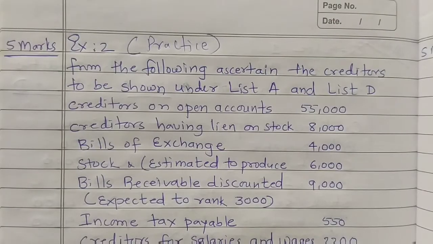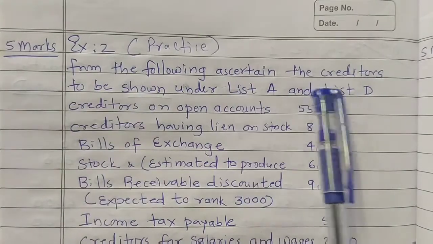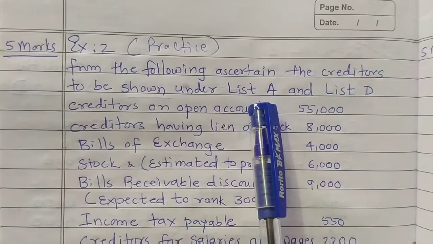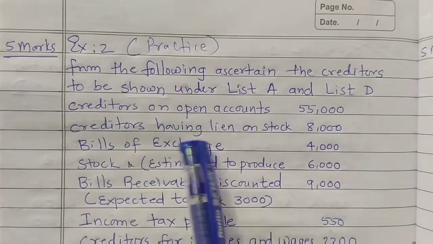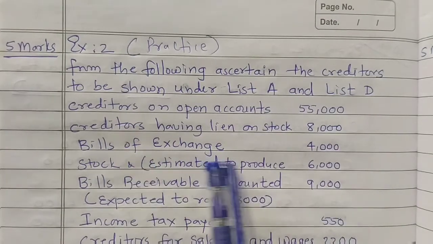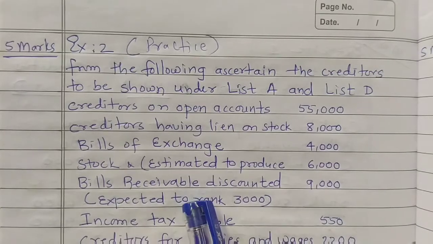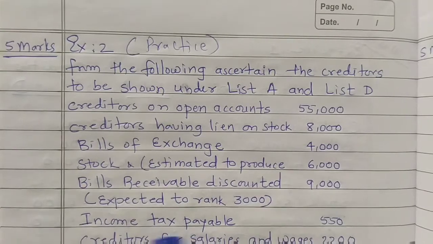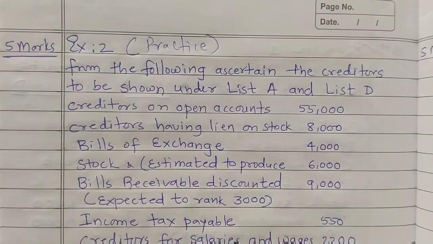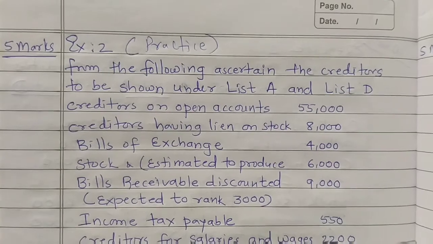Based on the previous problem, here I am giving one practice problem to you. From the following, ascertain the creditors to be shown under list A and list D. Creditors on open accounts 55,000, creditors having lien on stock 8,000, bills of exchange 4,000, stock estimated to produce 6,000, bills discounted 9,000, expected to rank, in bracket 3,000 is given, income tax payable 550, creditors for salaries and wages 2,200, in a bracket preferential amount is given, that is 600.